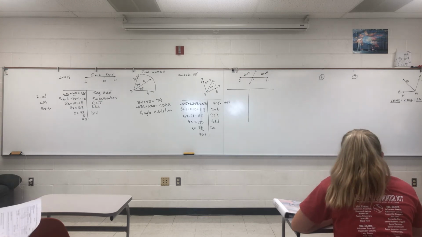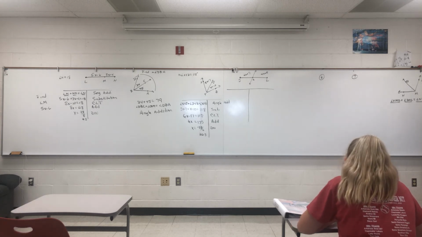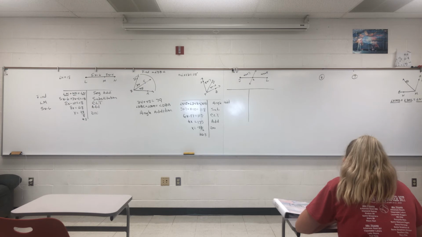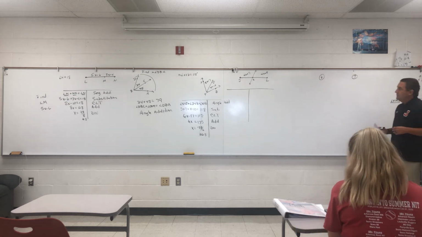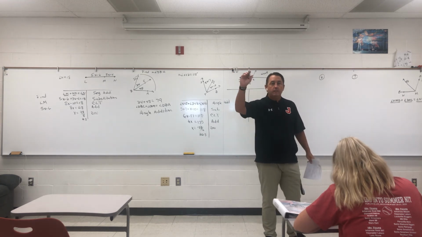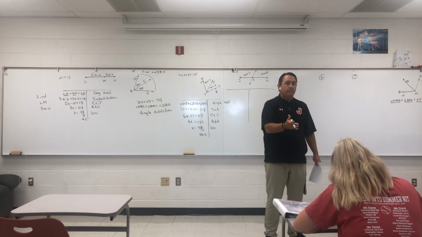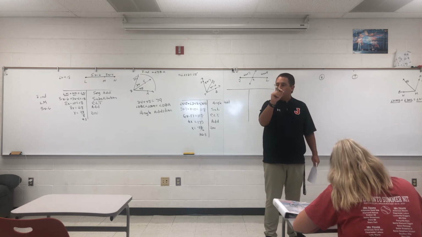And then now we're going to turn the page and we're going to do the exact thing we did with midpoint, but it's going to be called a bisector. The only difference in a midpoint and a bisector is a line, ray, or segment that cuts something in half, as opposed to a midpoint, which is the point on it.